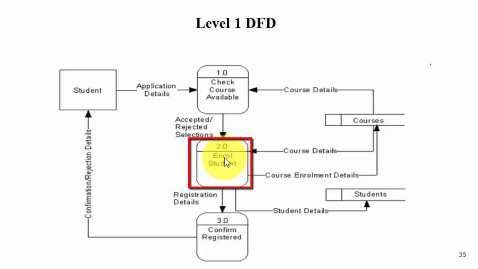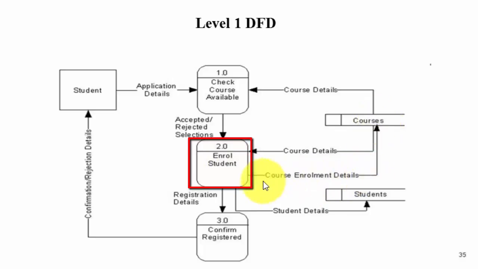Now what the enroll student process will do, it will enroll that particular student, and in the process of enrolling, it would need the course which the student wants to enroll in. So the student wants to enroll for a BCA course, so the BCA course details would be taken from the course details, and the course enrollment details will be put back into a repository called courses.